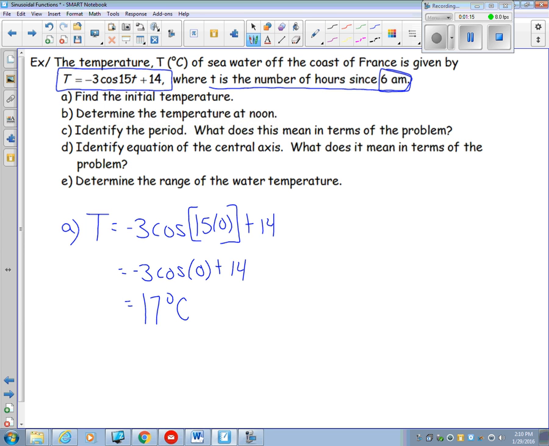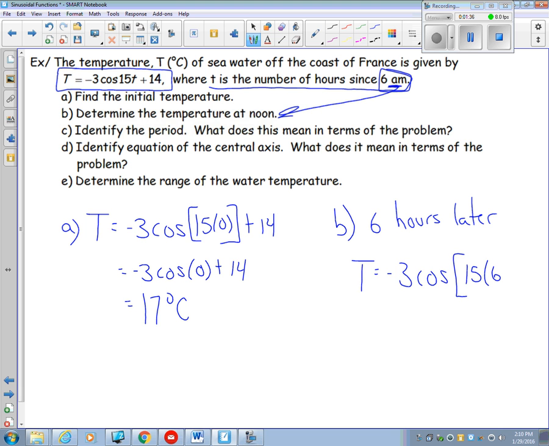Okay. Part B, temperature at noon. Well, I have to stop and think about, I started at 6 a.m. and now it's noon. How many hours have gone by? That would be 6 hours later. So my temperature now will be given by -3 times the cos of 15 times 6 hours, right? 6 hours later, plus the 14.